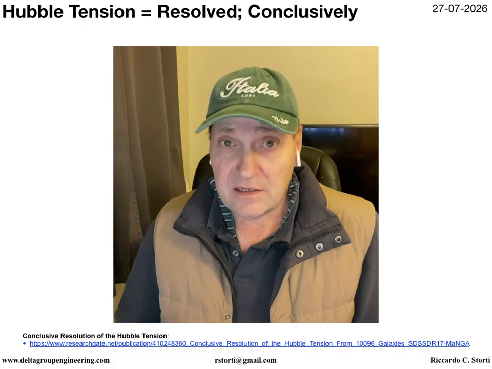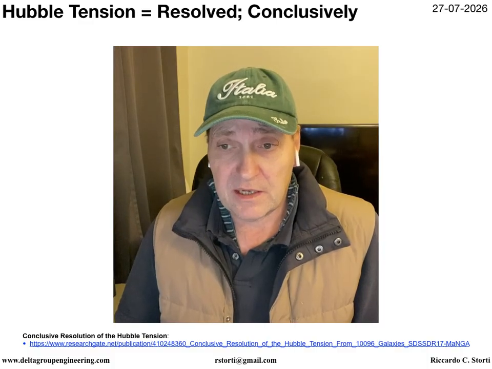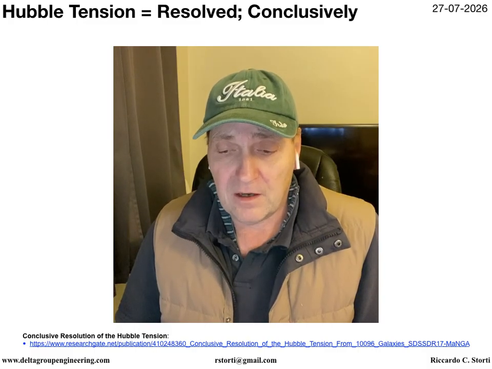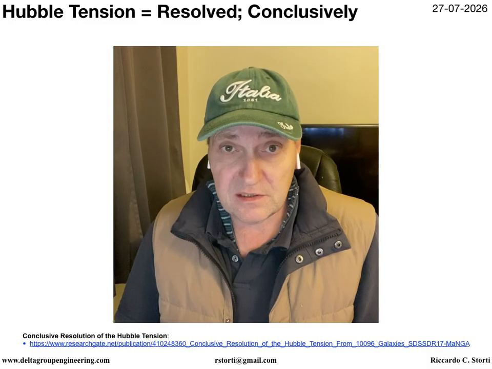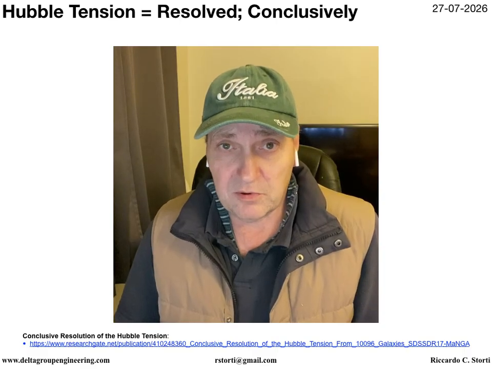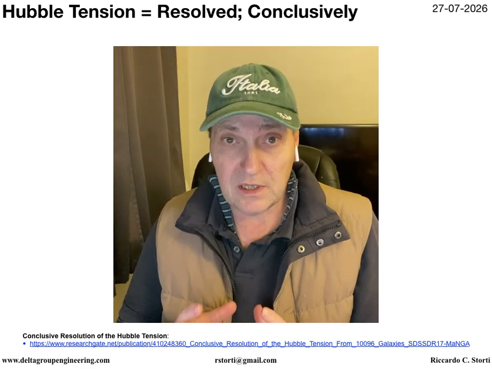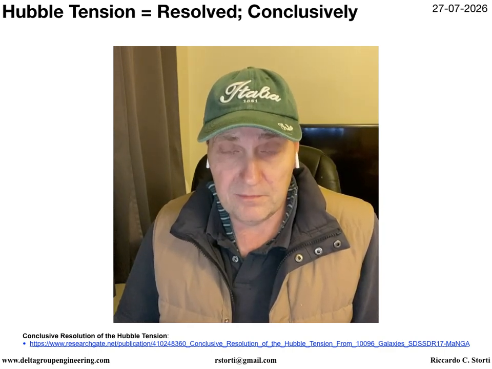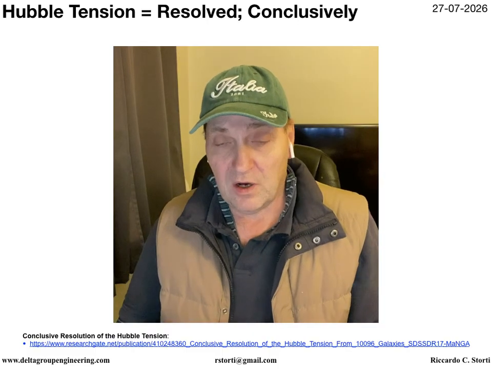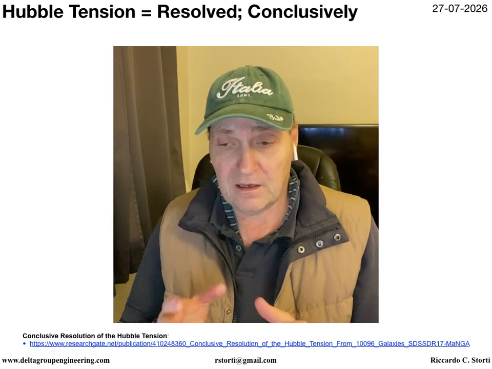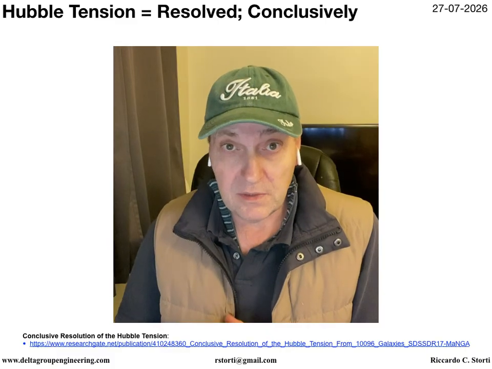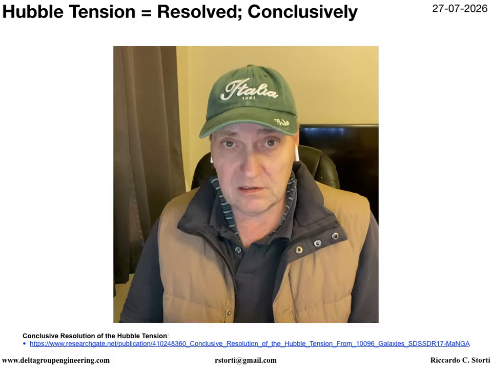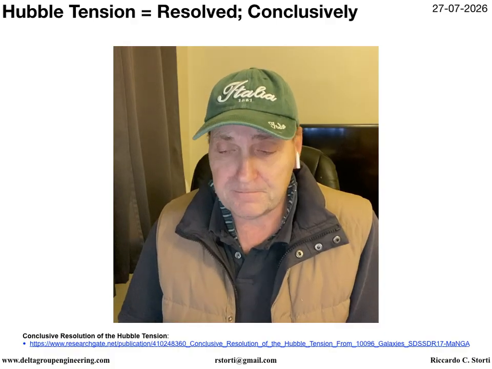Also in 2008, I published an article with the Australian Institute of Physics where I predicted that the true value of the Hubble constant, the cosmological Hubble constant, was 67.1 kilometers per second per megaparsec. So I'm saying it's 67.1. At the time, mainstream was saying no, it's 73 kilometers per second per megaparsec.